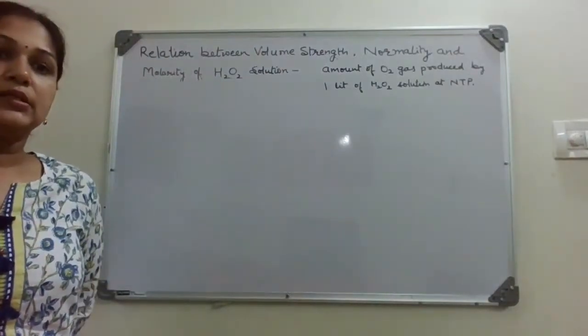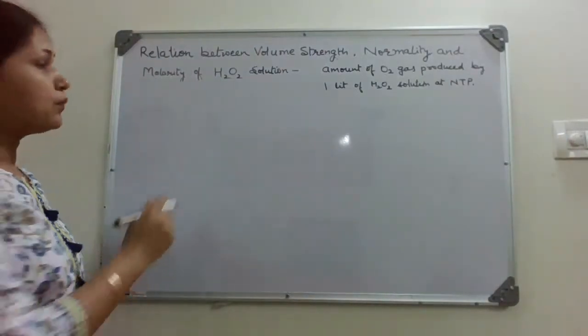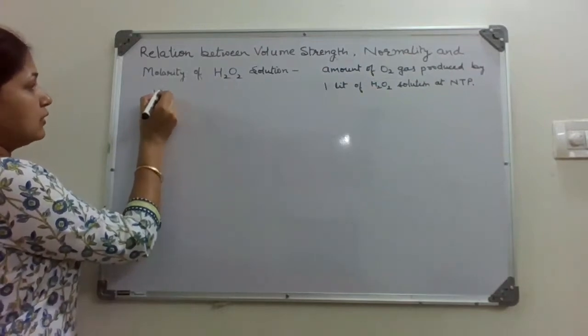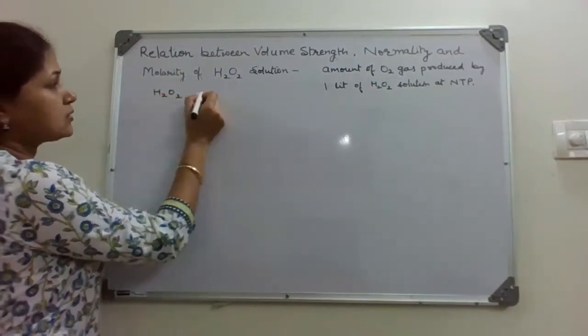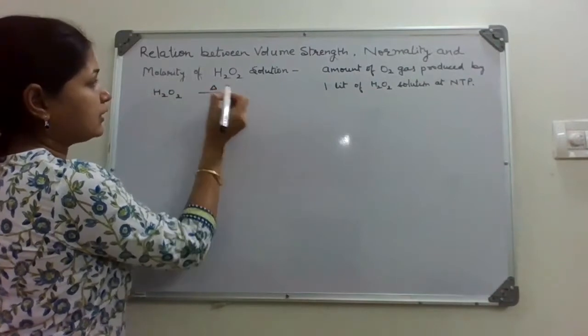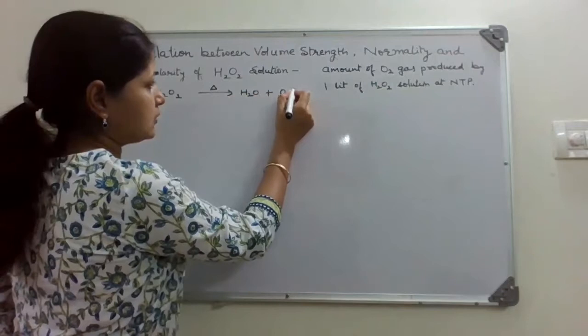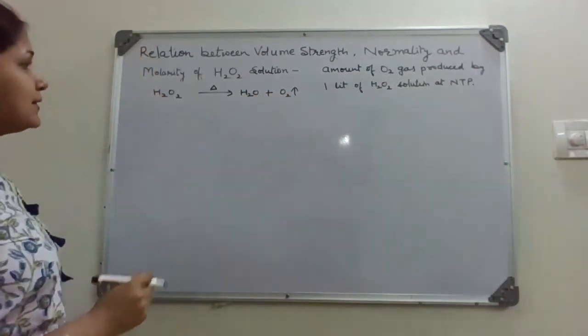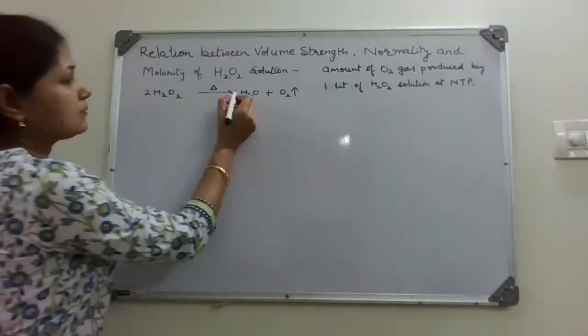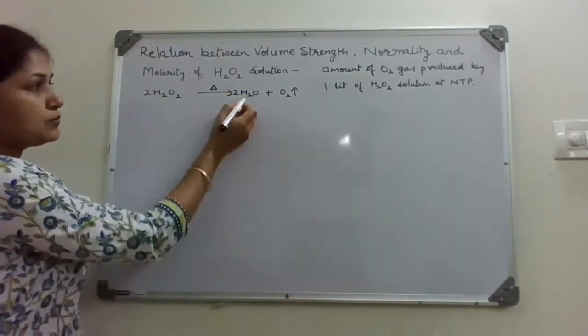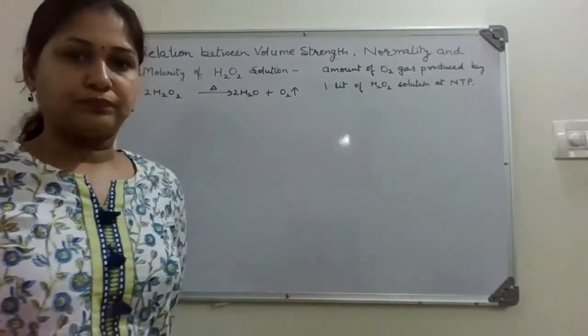If we want to write the equation for the decomposition of hydrogen peroxide, it will be hydrogen peroxide on heating decomposes into water and oxygen gas. Balanced chemical reaction for this is 2H2O2 = 2H2O + O2.